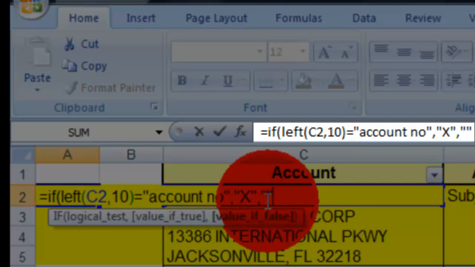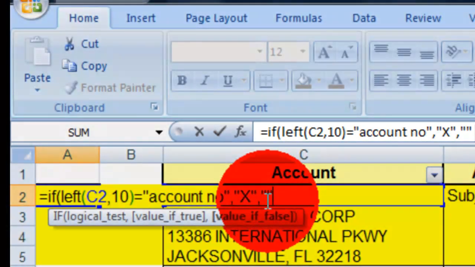What this formula is saying is that if the left 10 characters of cell C2 are "account numbers", then mark cell A2 X, otherwise leave it blank. So now I'm going to close the parenthesis and put this formula into effect.